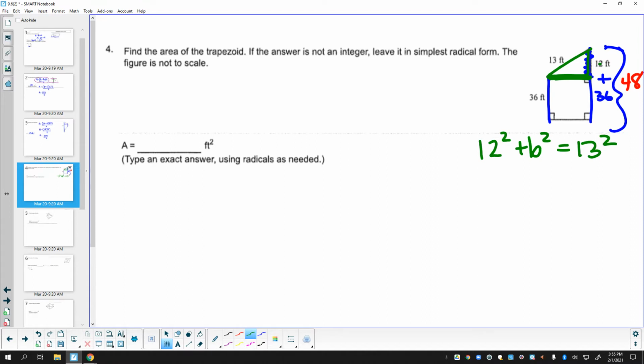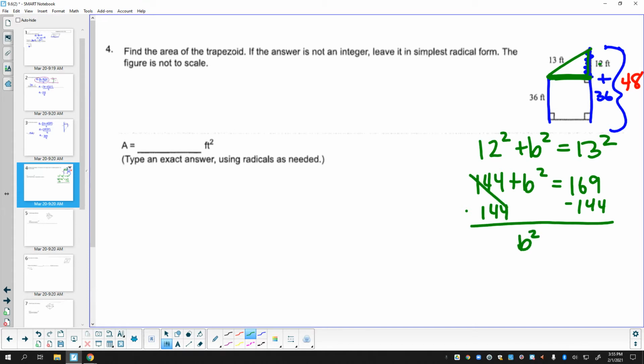Solving this for b, I've got 144 and 169. I subtract, and I get b squared equals 25. Make sure you take the square root of both sides, and you get that b is 5. So this distance right here is 5, and that's going to represent my height.